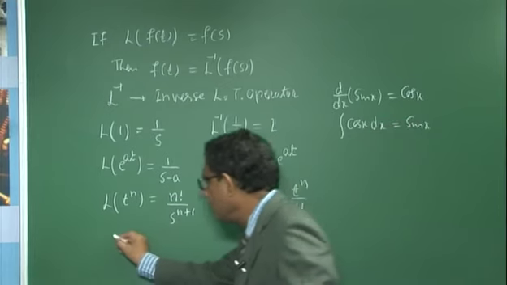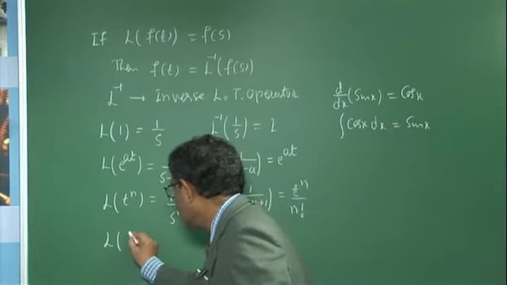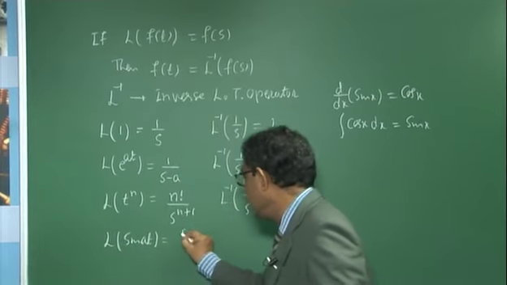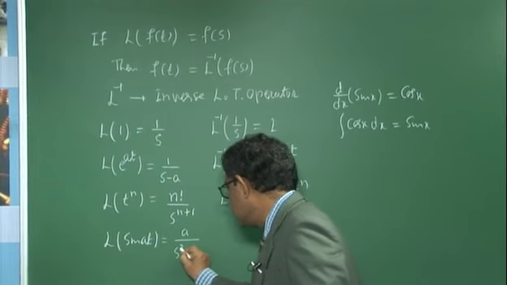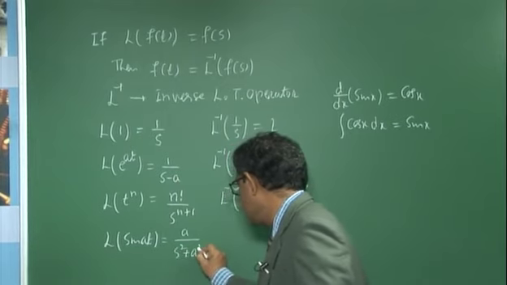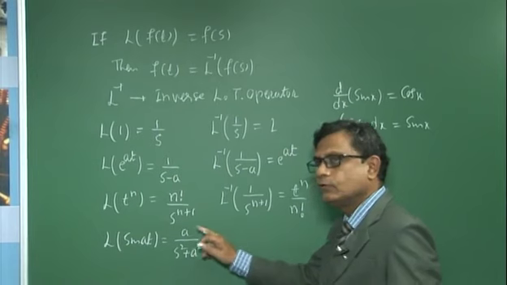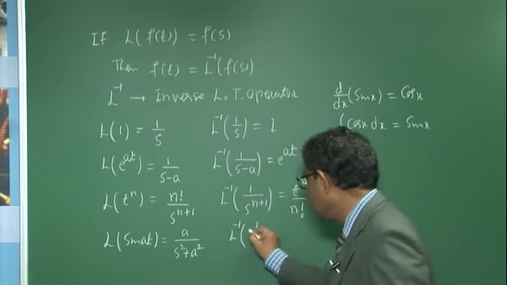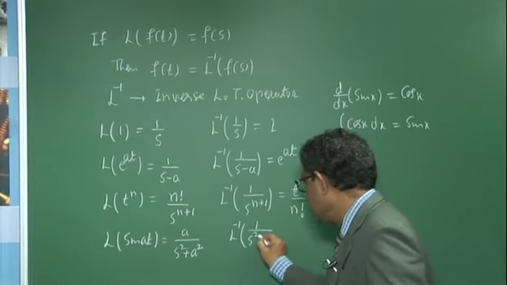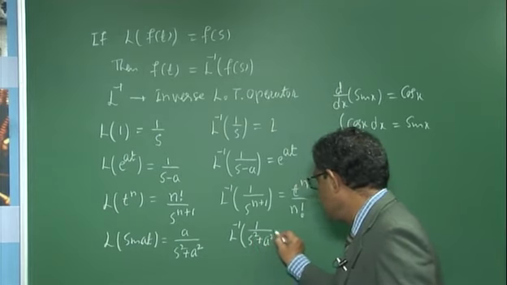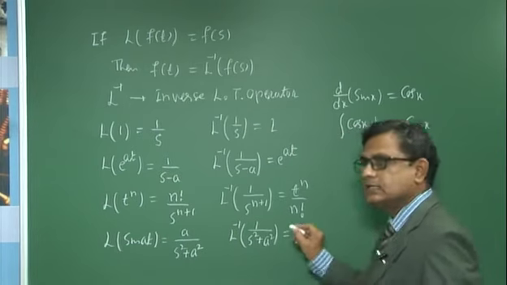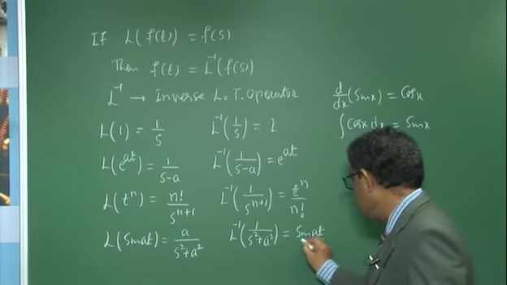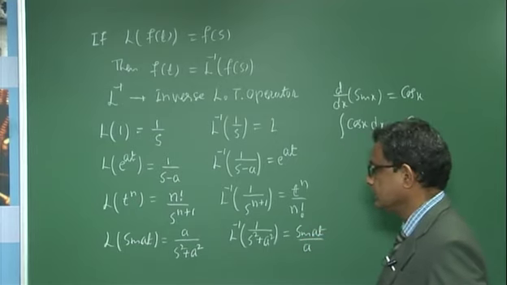Similarly, we have L of sin at, the formula is a divided by s square plus a square. Here also a is a constant. If you take it outside the operator, L inverse of 1 divided by s square plus a square is sin at divided by a.